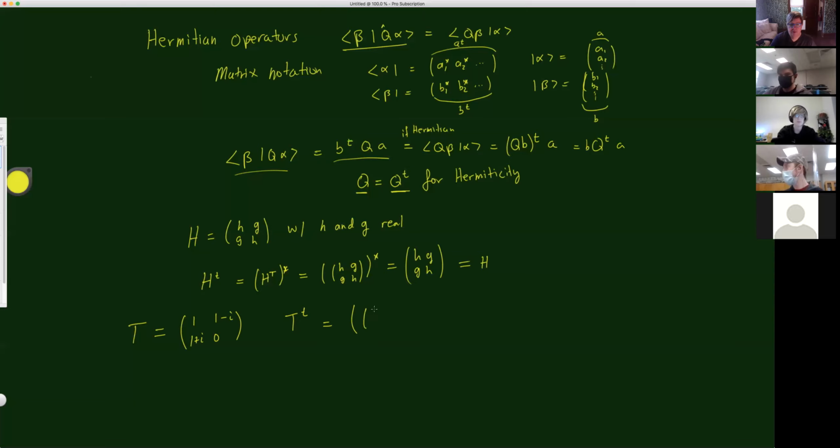So I have 1, 1 plus i, 1 minus i, 0. And then I take the star. And that just gives me 1, 1 minus i, 1 plus i, 0. And indeed, this is T. Okay, Hermitian operator. All right, awesome.